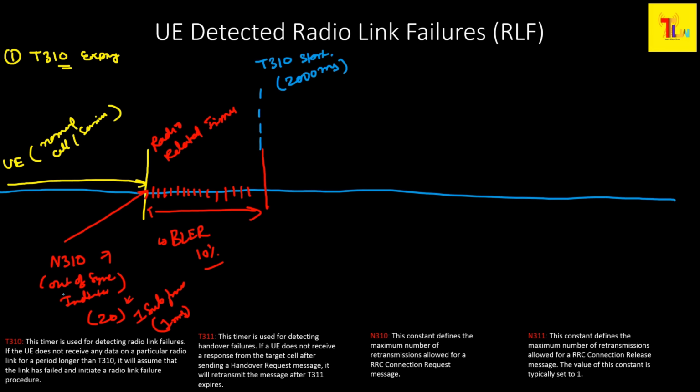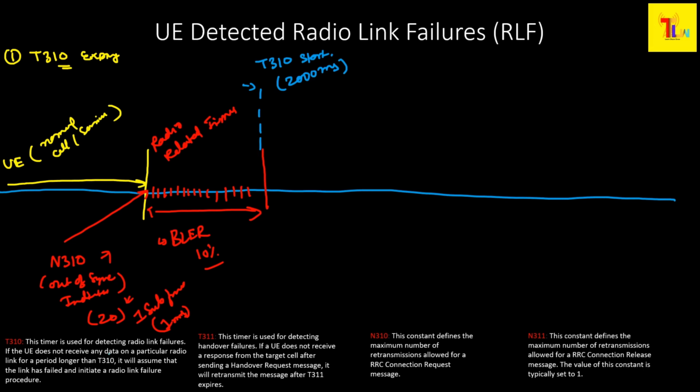And when I am talking about the T310 timer, this timer is used for detecting the radio link failure. Once this 2000 ms that we have set, this timer will trigger only after the radio related issue is there.